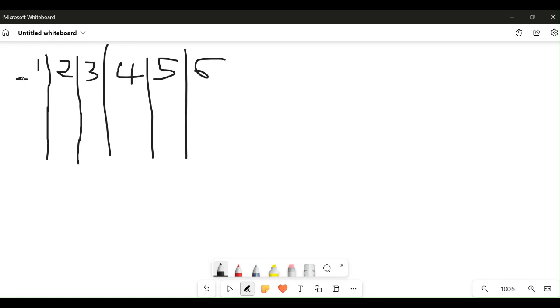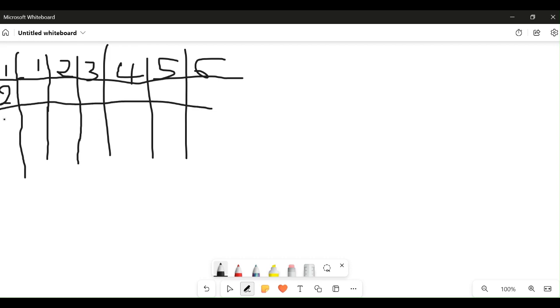So let's put the second die on our table. We are having one, we can have a two, we can have a three here.